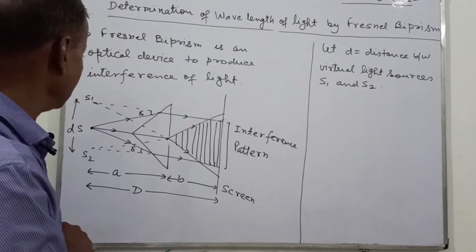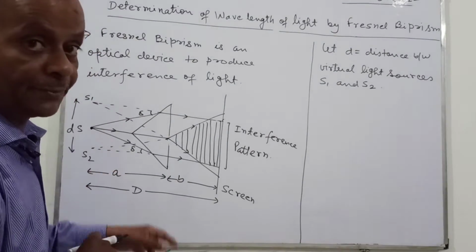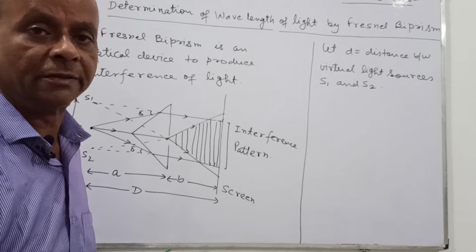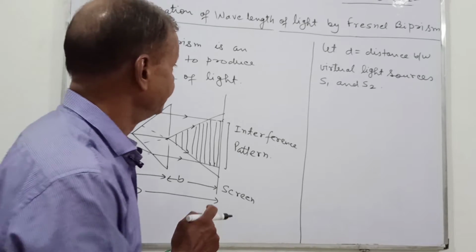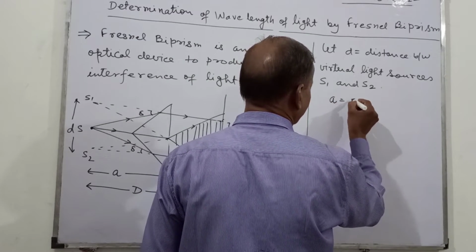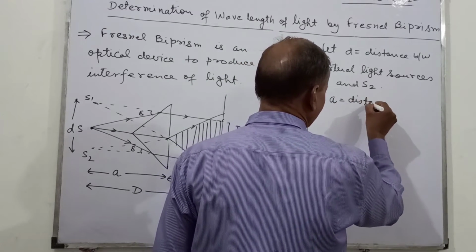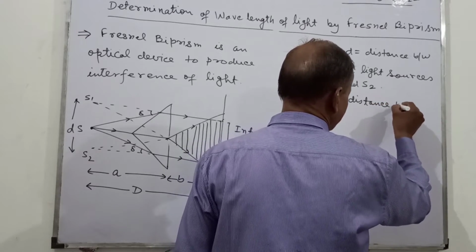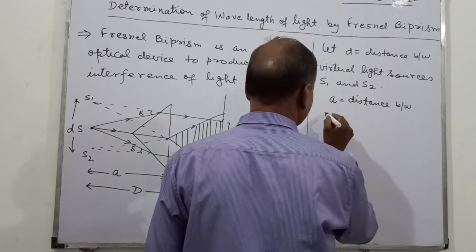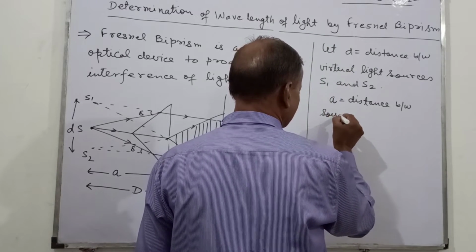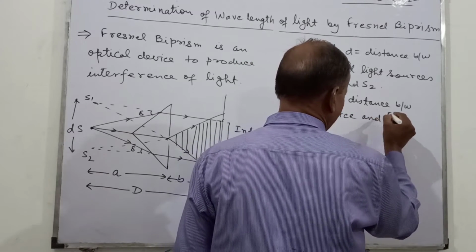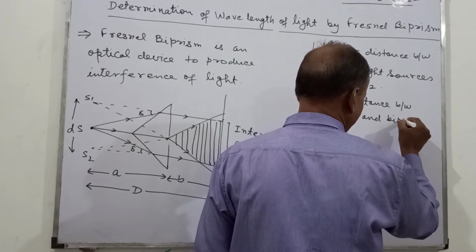As I told you earlier, these light sources are produced due to the division of wavefront. Let a equal the distance between the source and biprism.